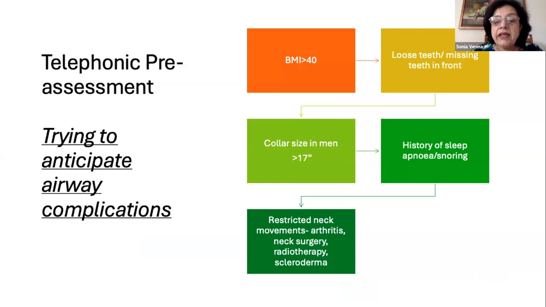A collar size in men of more than 17 is going to be difficult in mask ventilation or even intubation. Does the patient give a history of sleep apnea or snoring? And finally, do they have any restricted movements of their neck because of arthritis, neck surgery, radiotherapy, or scleroderma?